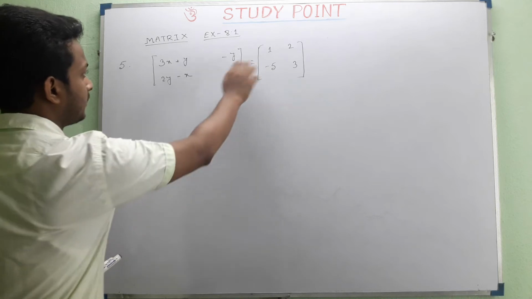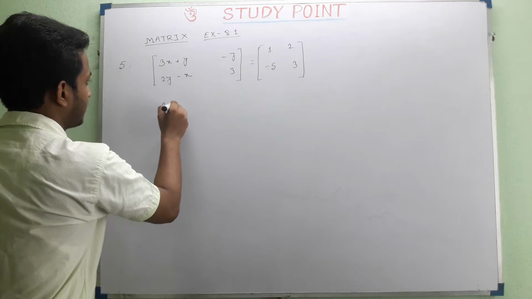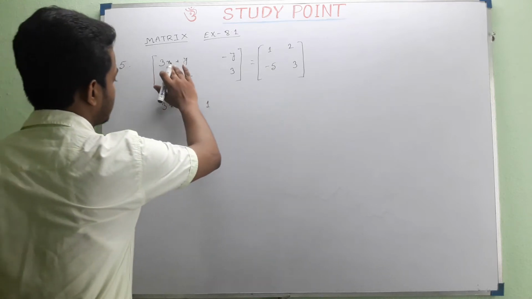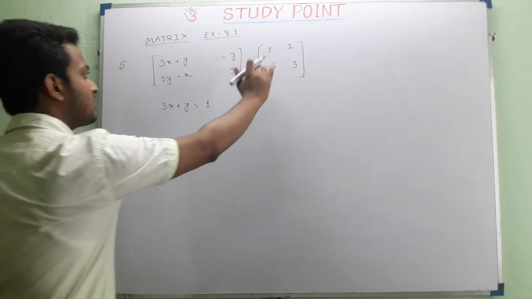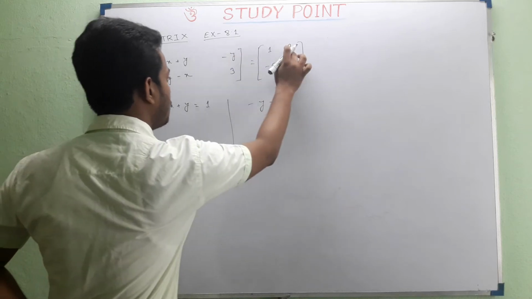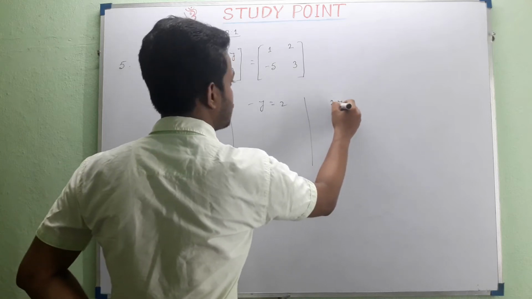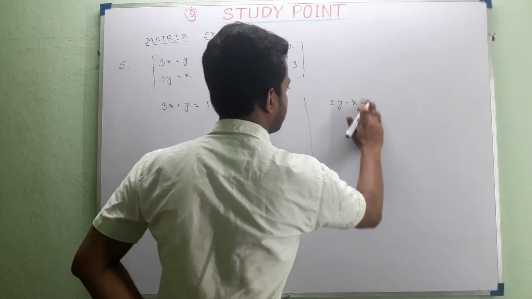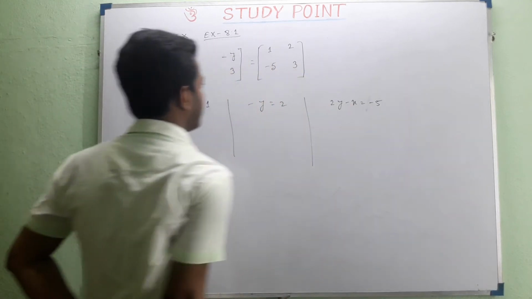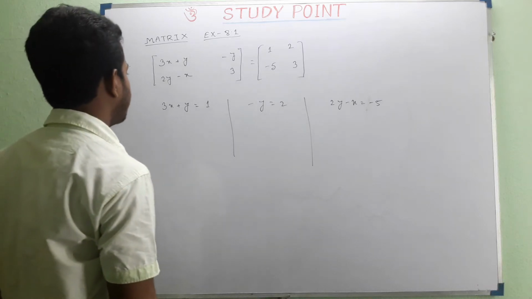Now we can write that 3x plus y is equal to 1, because the position of this element is 1 by 1, this is also 1 by 1, and we can say that minus y is equal to 2, this is equal to minus 5, that is 2y minus x is equal to minus 5, and for this 3, there is nothing, because there is no variable, so we need not write it.